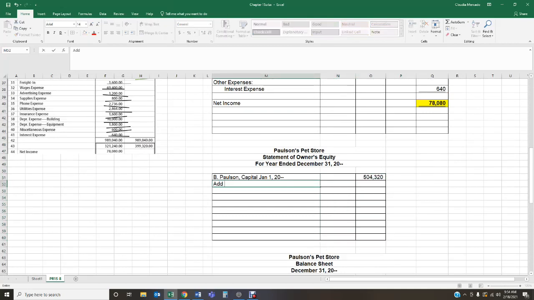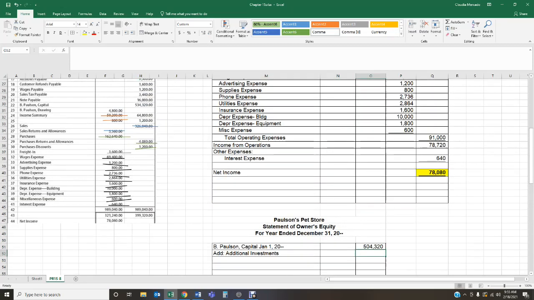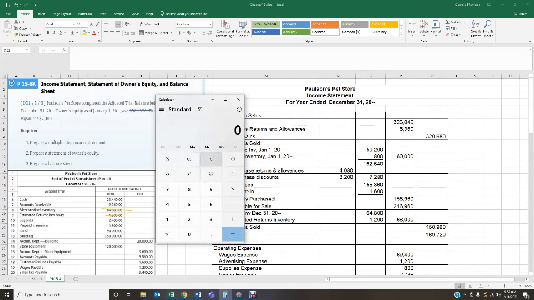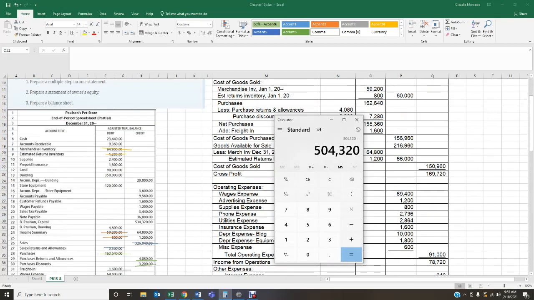Next, we're going to add any additional investments we had. Now, the problem doesn't tell us if we had any additional investments. All I know is that I started off with capital of $504,320, and I ended up with capital of $534,320. So there must have been an investment of $30,000.